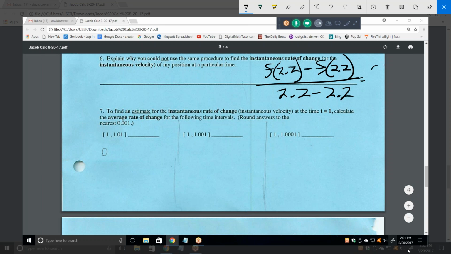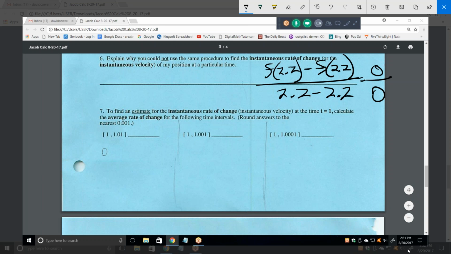And what that gives you is 0 divided by 0, which tells you nothing. You've got to use more advanced techniques to figure out instantaneous rate of change. And what it is, is the slope of that tangent line.